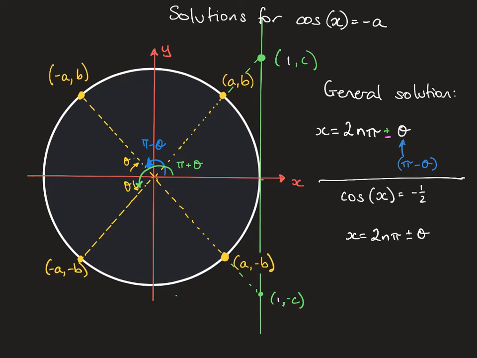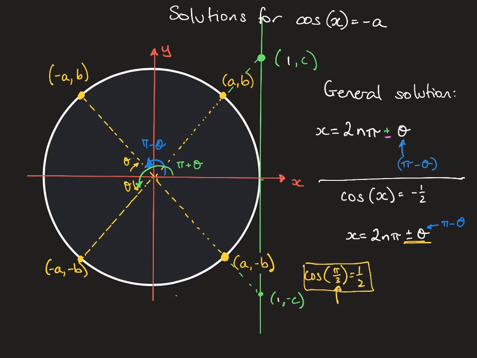Now we need to figure out one of the values that gives us cos of minus a half. We know in the first quadrant that if we had cos of pi on 3, we get positive a half. So what we want is pi minus pi on 3 as our value that we add on here.